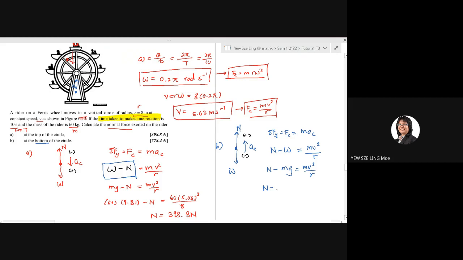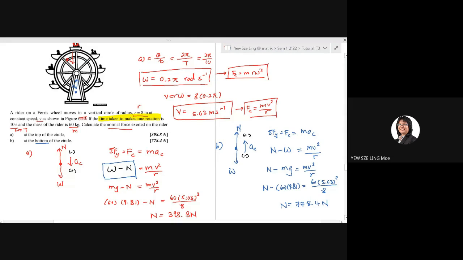So N minus 60 times 9.81 equals 60 times 5.03 squared divided by 8. So N is then equal to 778.4 Newton. Okay, 778.4 Newton.